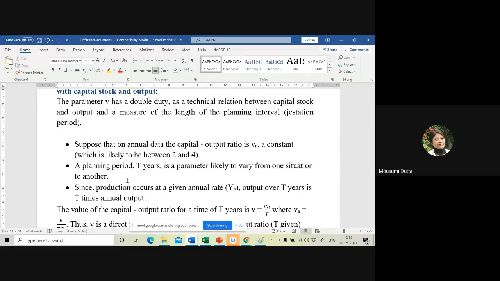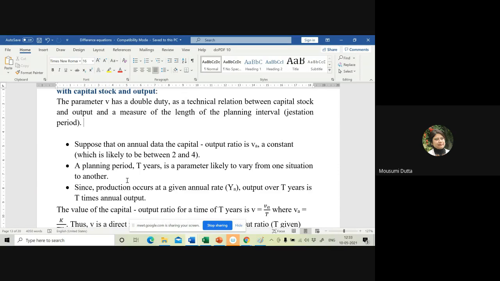Since production occurs at a given annual rate YA, output over T years is T times annual output. Are you getting this third point? Production occurs at a given annual rate YA. Every year we can think about how much will be produced.